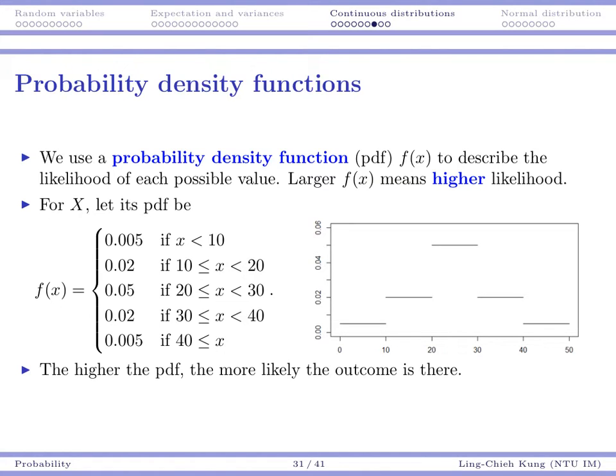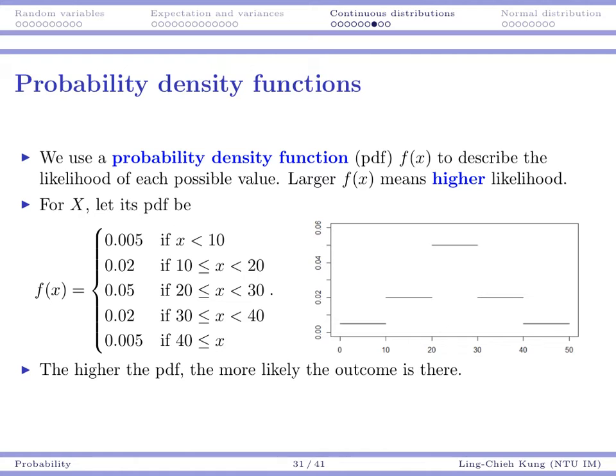We say things carefully by saying that's a likelihood instead of a probability, because for each possible value, the probability for that value to occur is 0. So we say likelihood instead of probability.